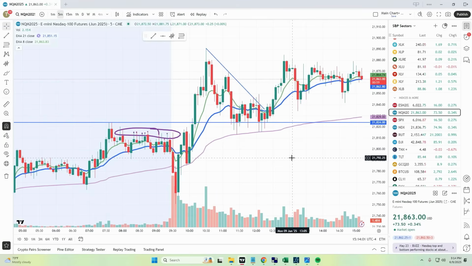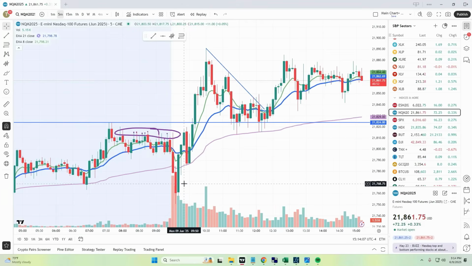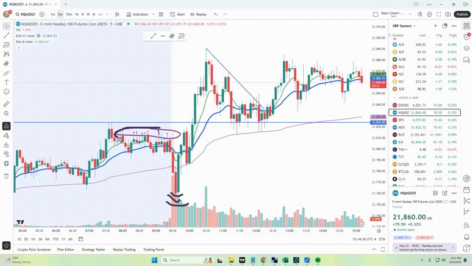But we chose the NQ for a reason, because as we were looking at the market here, you had a clear inference from the 9:30 a.m. open. This was a very important congestion area in the overnight trade. You can see this is about 7:30 a.m. to the open.